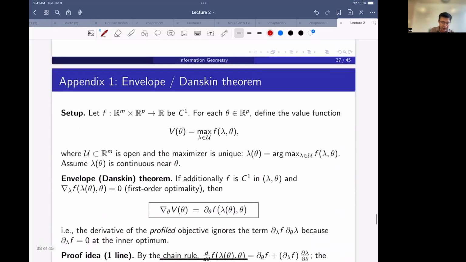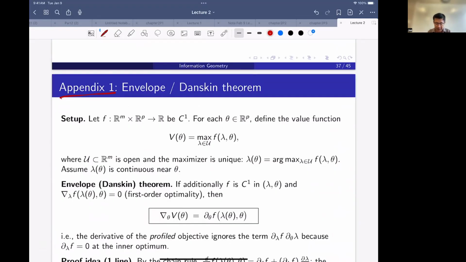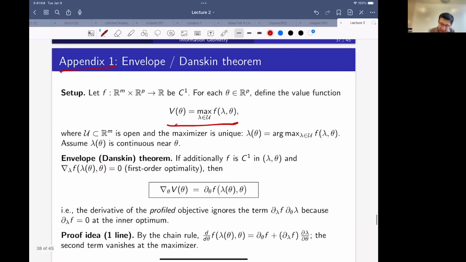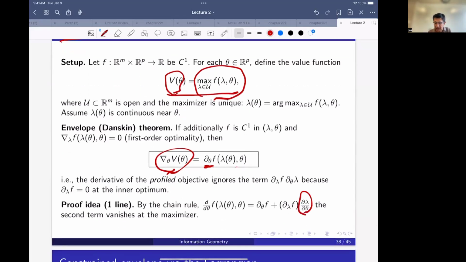So there's an appendix, something called the envelope theorem. Basically, if your objective function is something like this, then your differentiation is just differentiating with respect to theta, and no need to worry about lambda, because the differentiation of this term is zero by definition, since lambda is a boundary point, a saddle point or whatever.